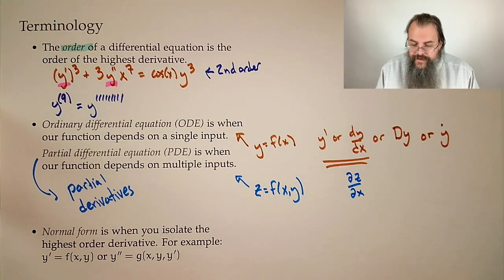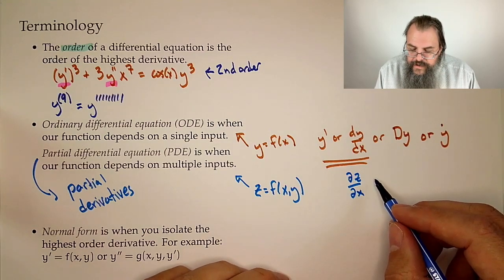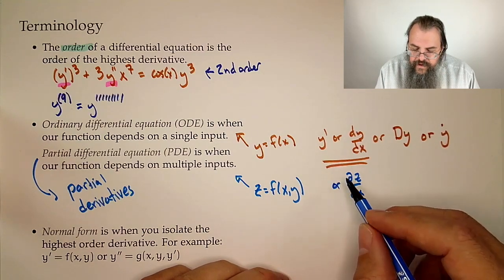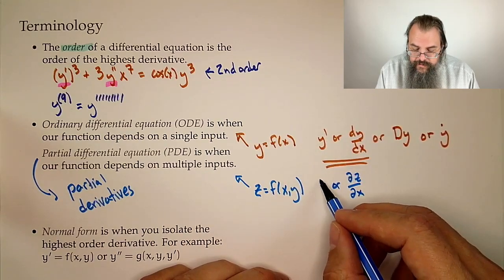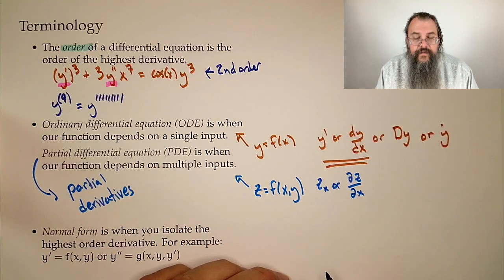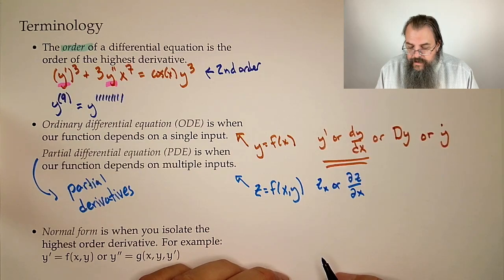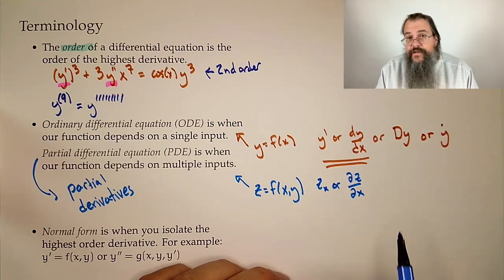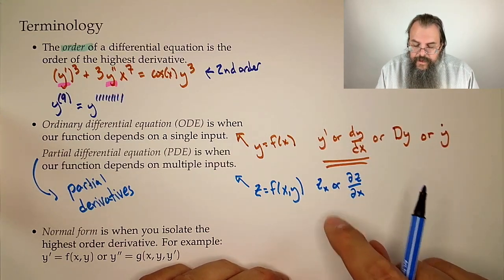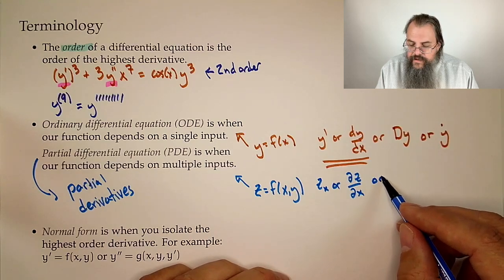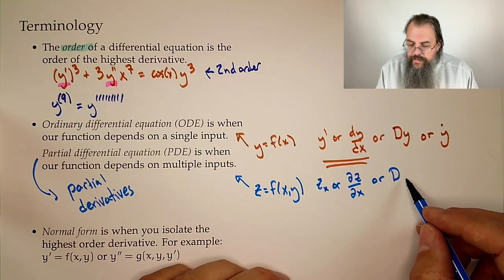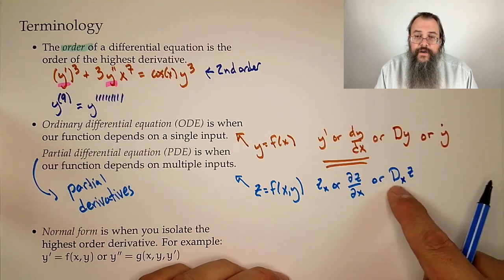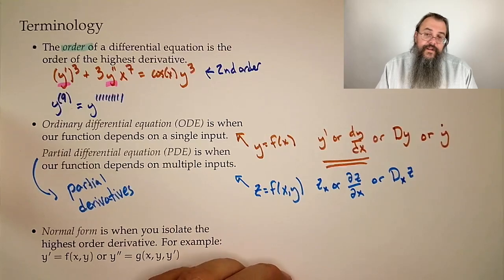So that's the difference in notation. Other common things you'll see is instead of the y prime, you might see something like a z sub x. So this subscript here is just indicating you're taking the derivative with respect to x. You might see d sub x of z. And again, this is saying the derivative operator of the variable x, and you apply it to z.